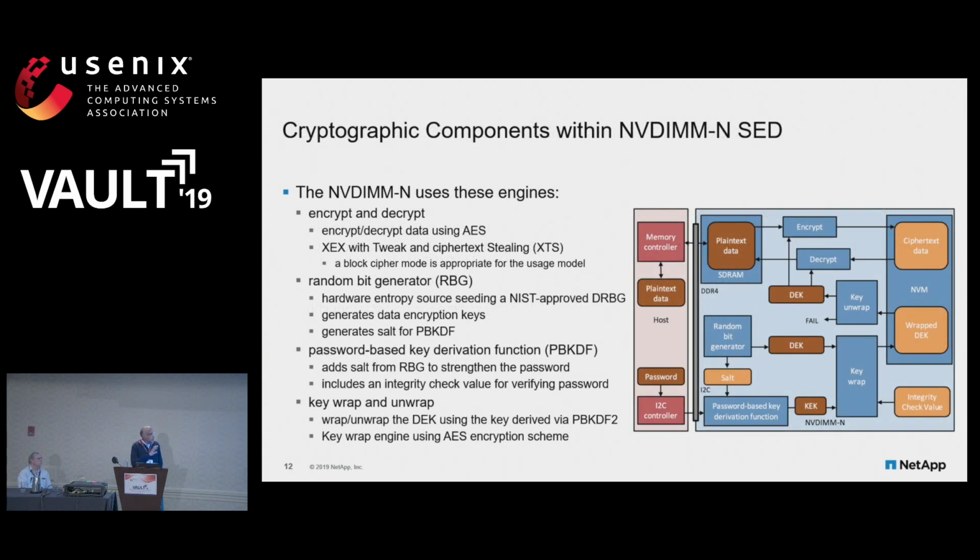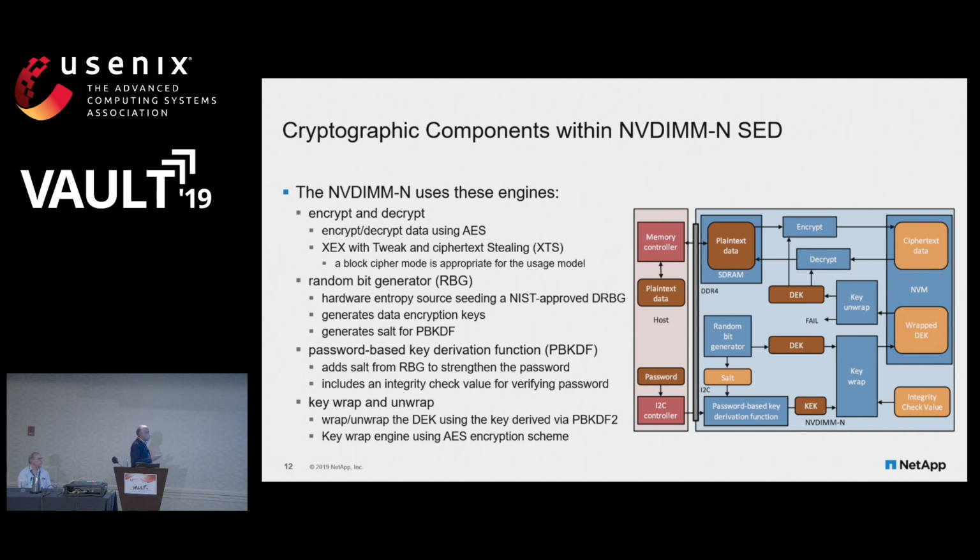On this slide I am going to talk a little bit about the cryptography scheme involved in these devices. On the left side is the host side interface, which is outside of the boundaries of NVDIMM-N, and the right side block diagram represents what is happening inside the NVDIMM-N device.